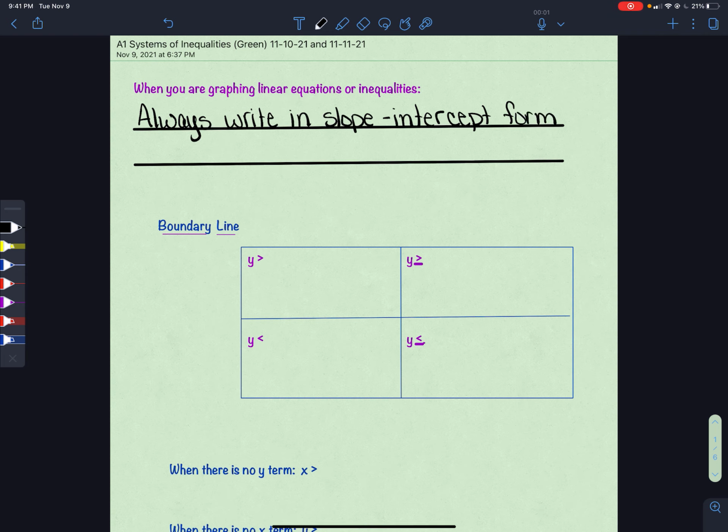Now, when we were just doing equations, that's when we would have y equals mx plus b. Now that we're dealing with inequalities, we'll have y is greater than mx plus b, or y is less than mx plus b, or y is greater than or equal to, or less than or equal to mx plus b.